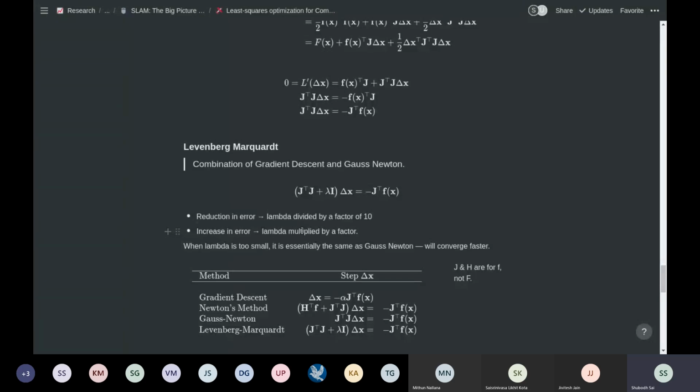Let's say your error function improved, there was a reduction in error. Then you reduce your lambda, which automatically gives more weightage to j transpose j, or Gauss-Newton.